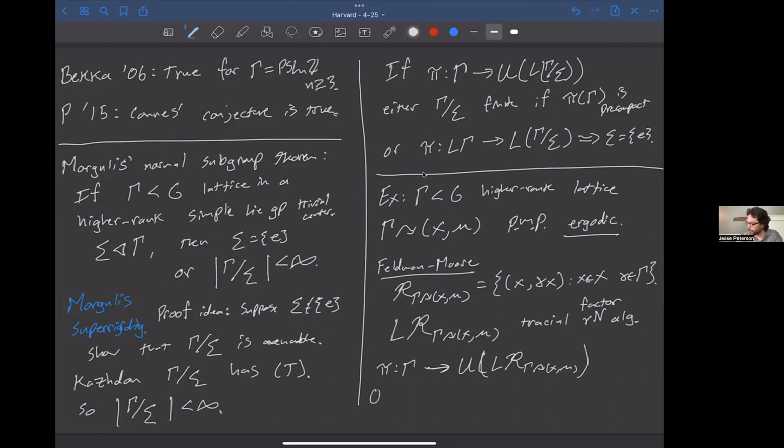And so operator algebraic superrigidity implies again a dichotomy. So either X is a finite set, essentially, or the action is free.